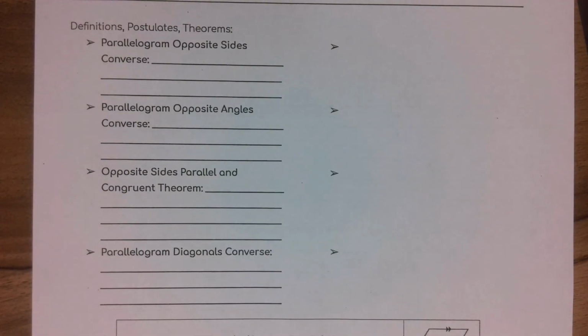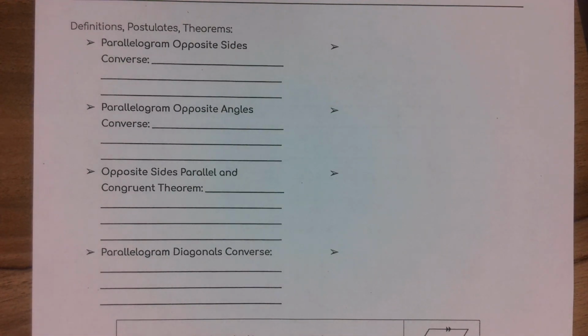The first is the parallelogram opposite sides converse. What's a converse? Well, besides being a shoe company, a converse is a theorem that is flipped backwards. It's almost like the opposite. So if you still have your section 7.2 notes, you can already make the converse just based off of what you see.